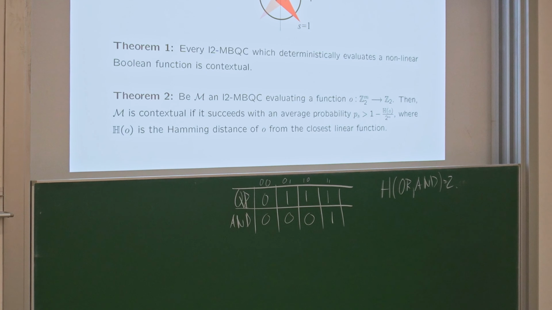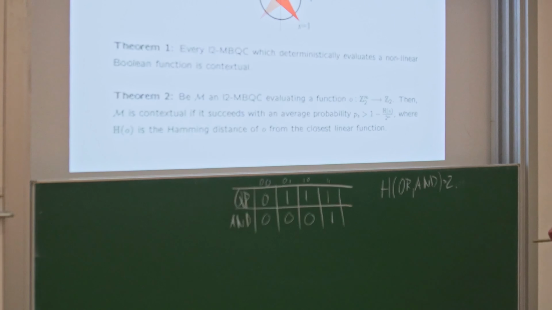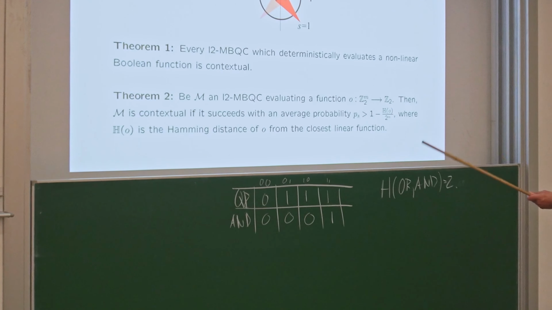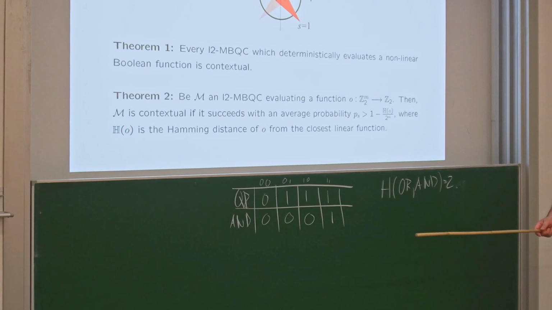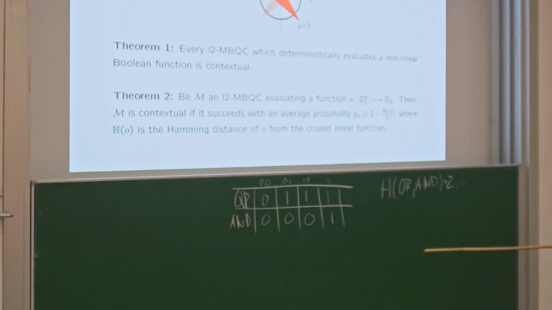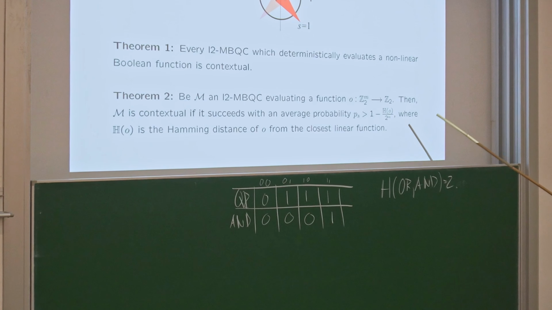What we really care about in this expression is the Hamming distance of a function O, whatever it is, on m bits to the closest linear function. The AND is not a linear function. So we look at all the linear functions there are and pick the one that is closest to this function O by Hamming distance.